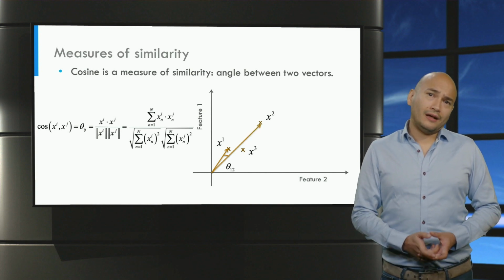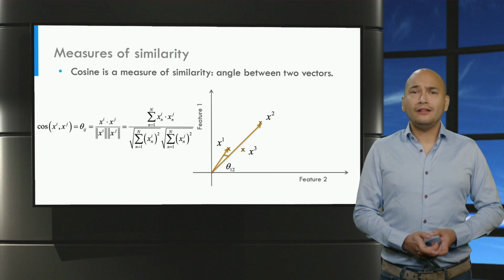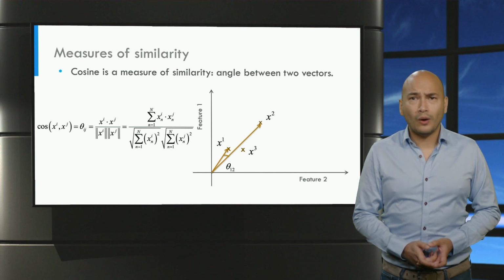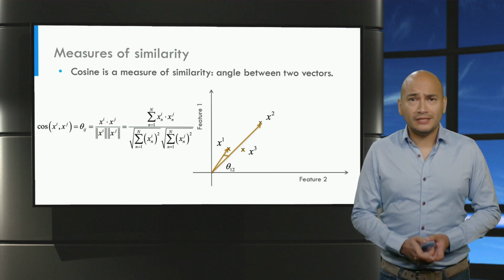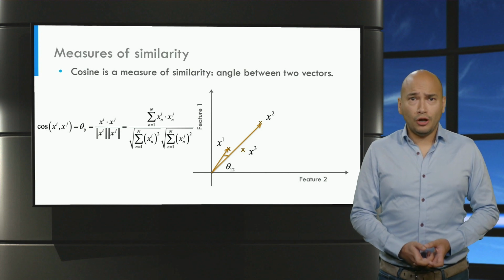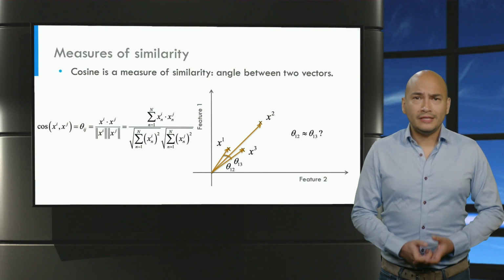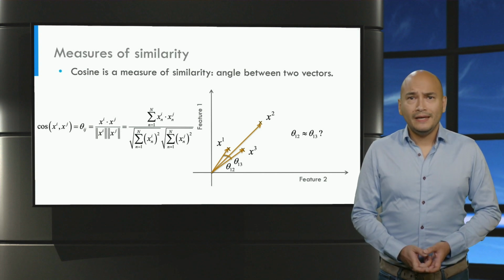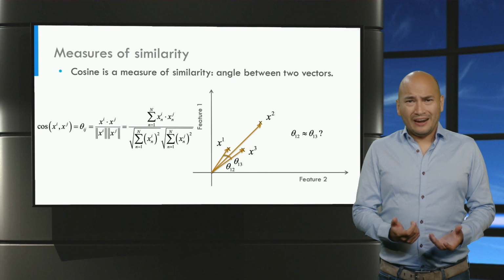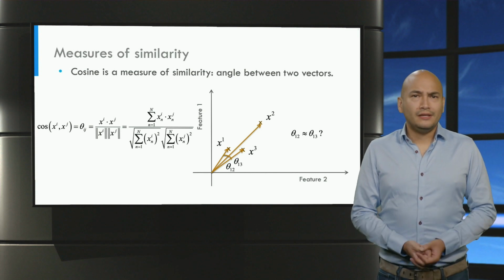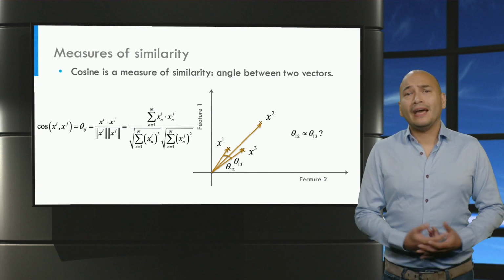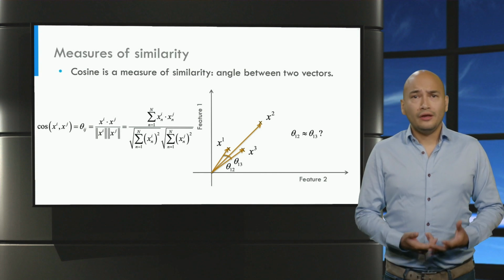We can also calculate the angle between the vectors of x1 and x2, called theta 1,2, shown in the plot. Then we compare the two angles, theta 1,2 and theta 1,3, and it appears that both angles are quite similar to each other. So in that sense, we will say that x1 is similar to both x2 and x3.